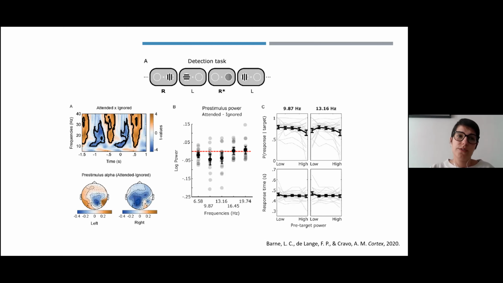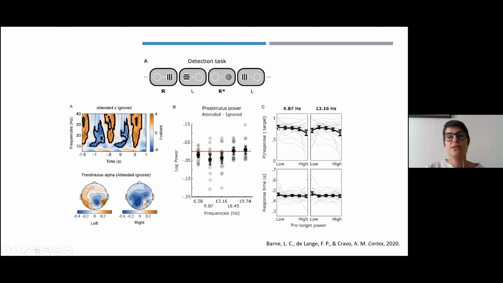And we also tried to see if alpha oscillations were triggering a higher response time. So here we focus more on the alpha band, for 10 hertz and 13 hertz or so. The first one is the probability of response, since it was a target.